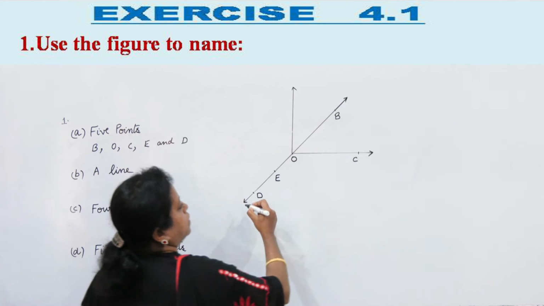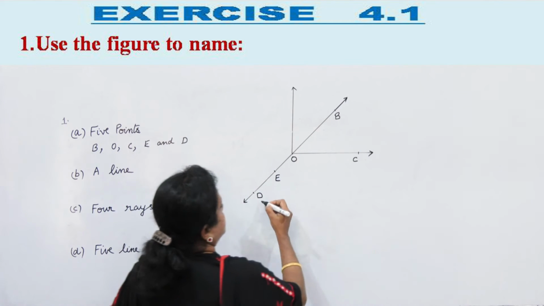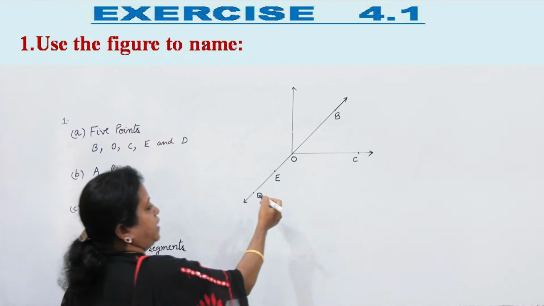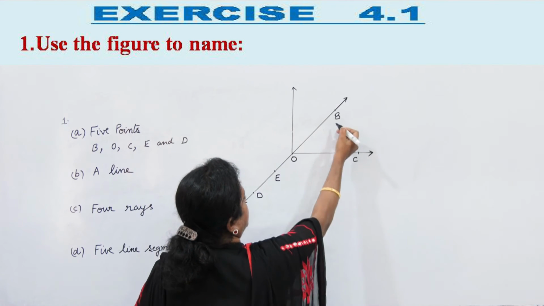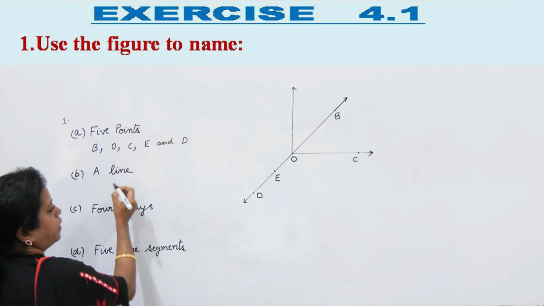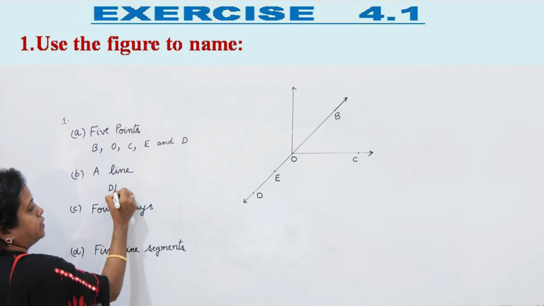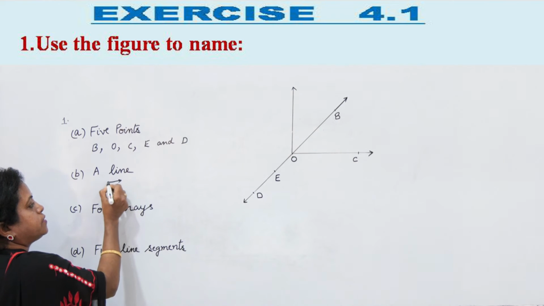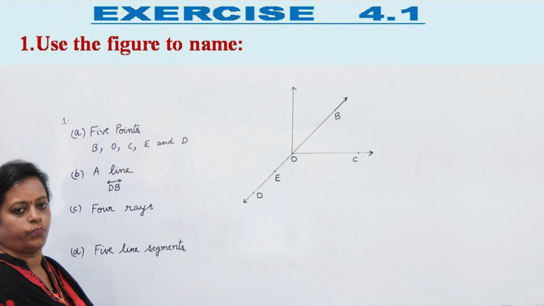Clear? Because here you have a number of points, any 2 points you can take to name the line. So you can name this line as DB or BD. So the line can be DB. And how do I represent a line? By using a double-headed arrow.